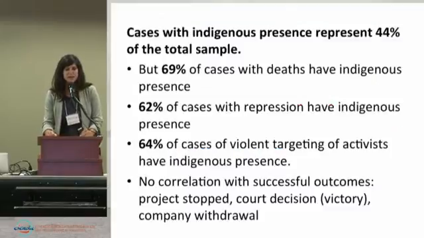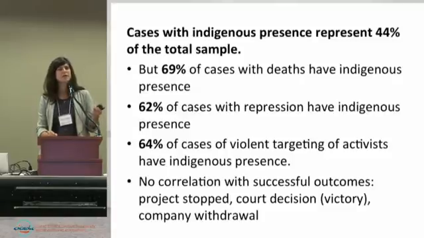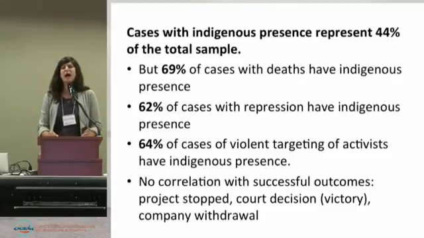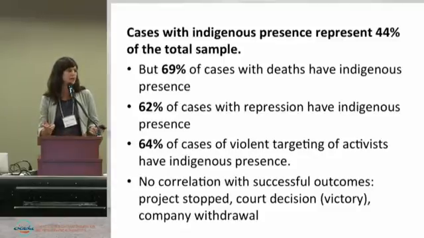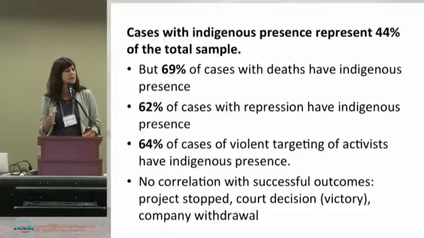Some other elements to look at, we also look at the outcomes of conflicts. One question I had was, how does the presence of Indigenous communities impact violent outcomes in conflicts? In the total sample of the EJ Atlas, Indigenous communities are present in about 44% of the sample.